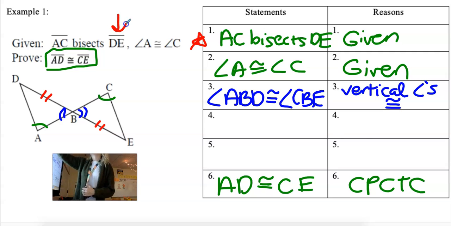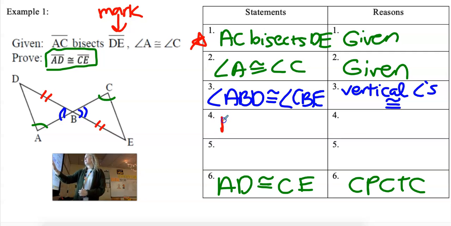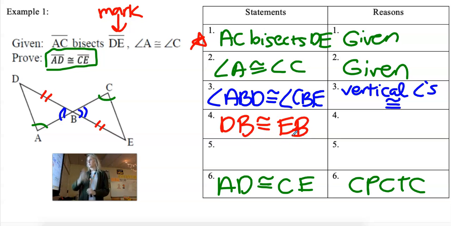So this is the one that gets marked. It's the second one. Okay, so now I just have to name that. I'm going to say DB, start on the outside, is congruent to EB. Again, start on the outside, go to the inside. Keyword there is bisect, so I'm going to say definition of a bisector.